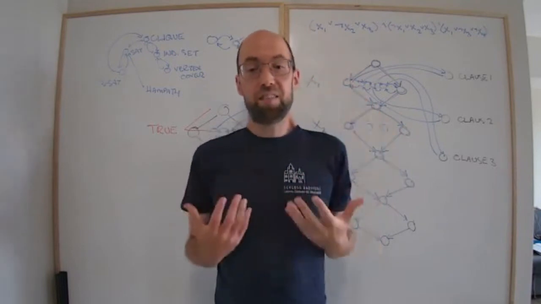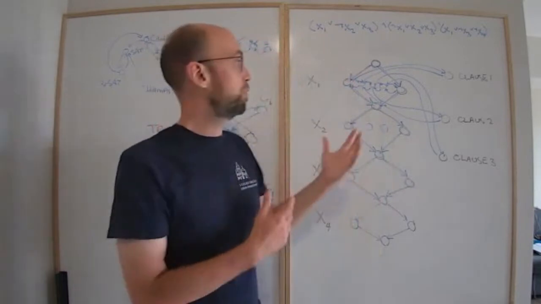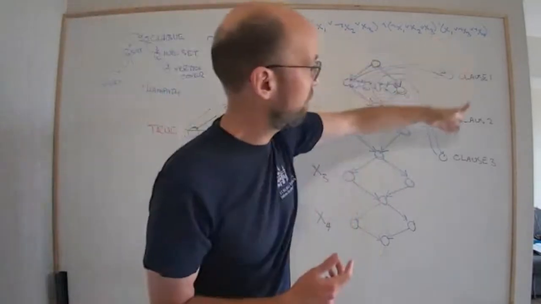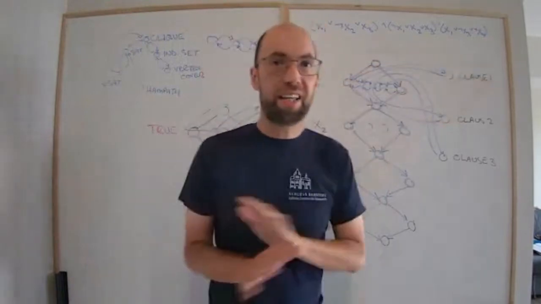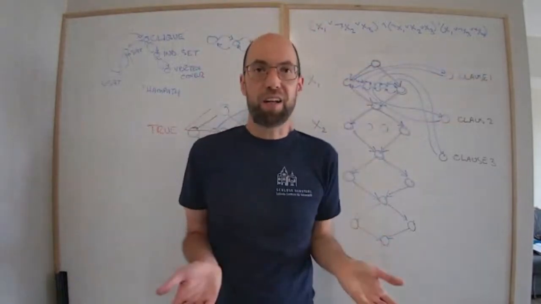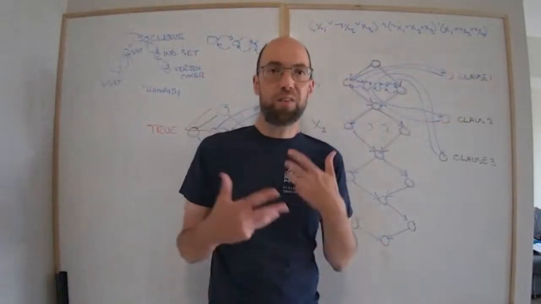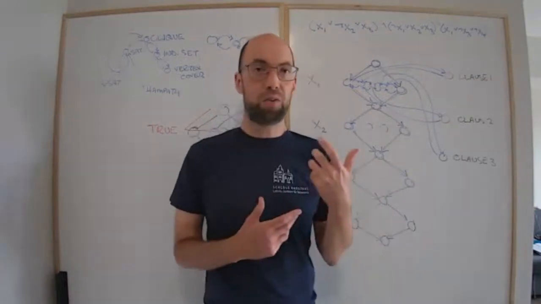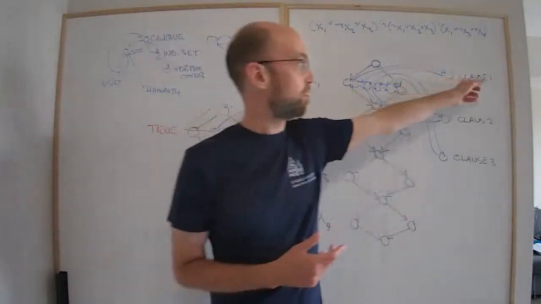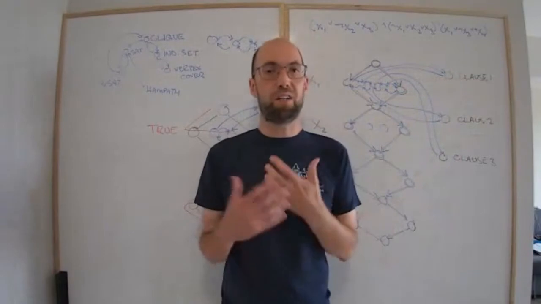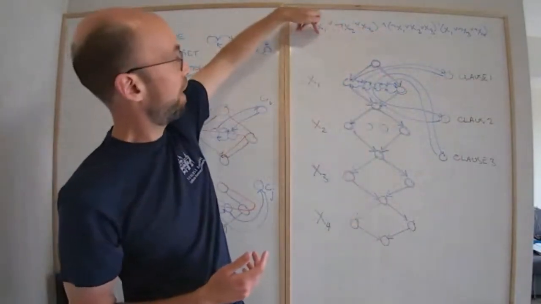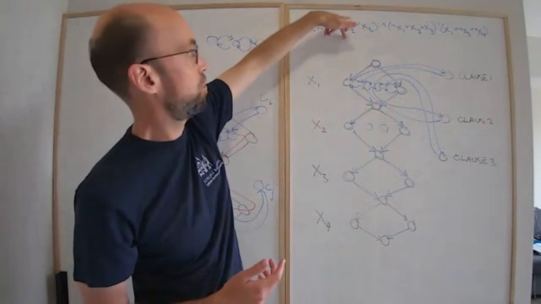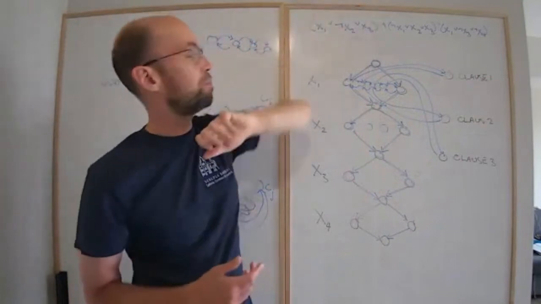So this is how you build a graph. Notice that once I visited clause 1, I can't go back, but that's fine. Once I've assigned a truth value to a variable that satisfies clause 1, I don't need to satisfy it twice. These are ORs. So I just need either x1 is true, or not x2, or x3.